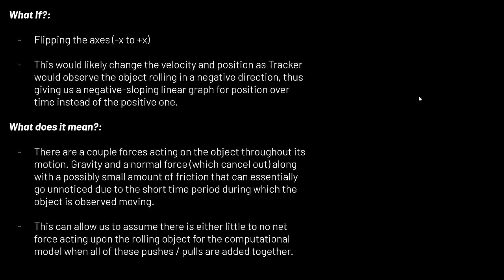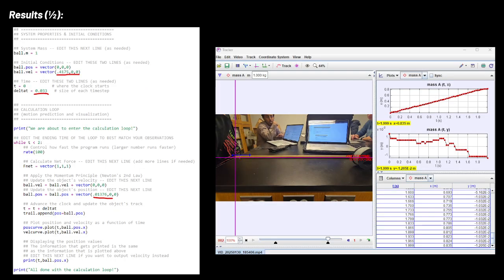Furthermore, what does it mean in terms of all the forces acting on this object? Well, going back here, we only have a few forces acting on it. So for one, we have gravity pulling it down, and we also have a normal force by the table pushing it up.